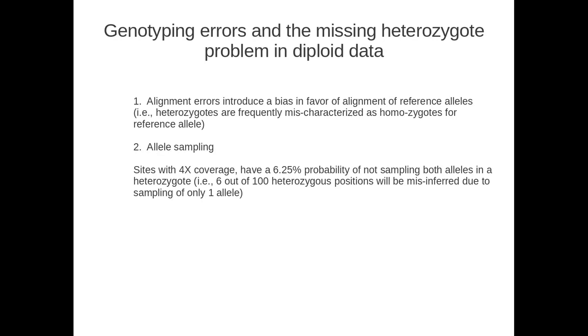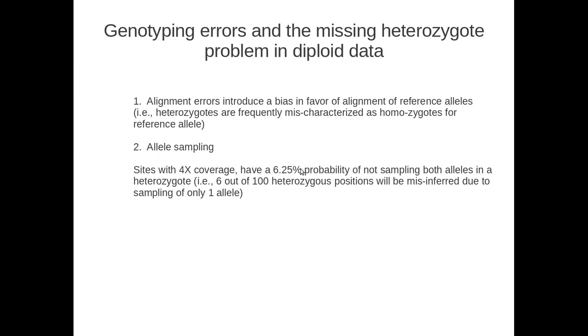Well, usually we're not dealing with 1x, but imagine we had 4x. Just by chance alone, out of 4 draws from a heterozygous site, you have a 6.25% chance of not sampling both alleles in a heterozygous sample.